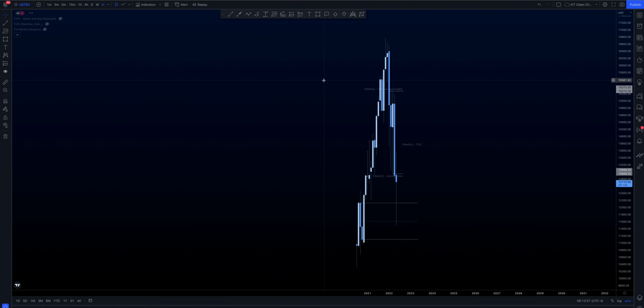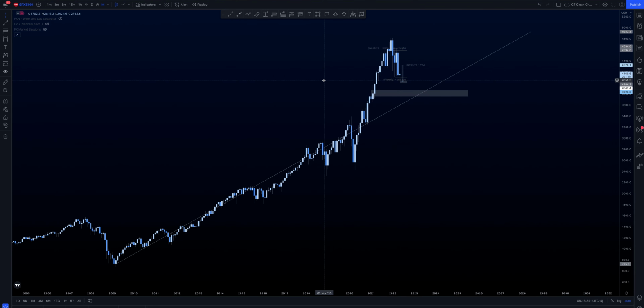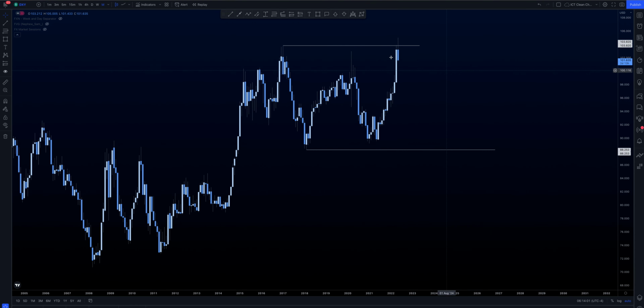And then to support the bullish idea, we've actually got the upper boundary of this fair value gap on US dollar. So DXY is a collective basket.